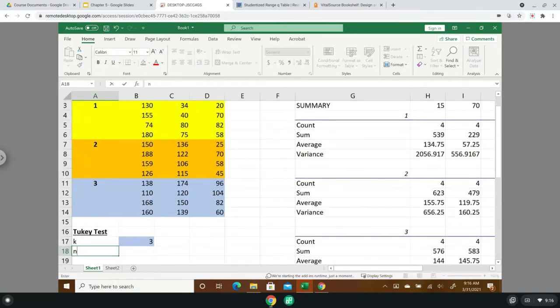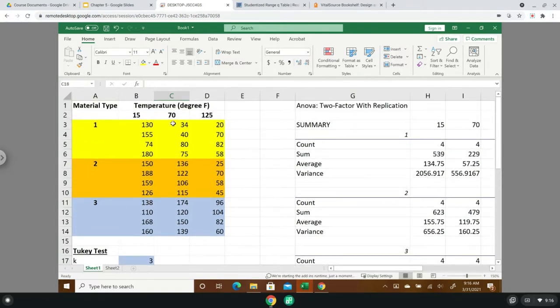Next is n, the number of observations, for each level we perform. If you look at the table here, we perform 4 experiments for each plate type at 70 degrees Fahrenheit, because we are only doing it at 70 degrees Fahrenheit, right? I may write it down here.